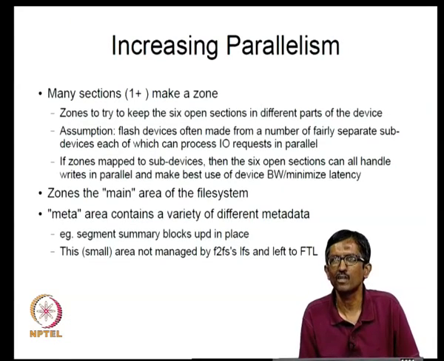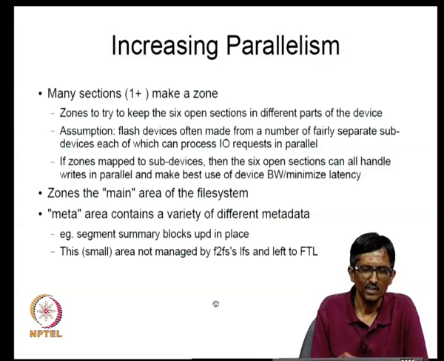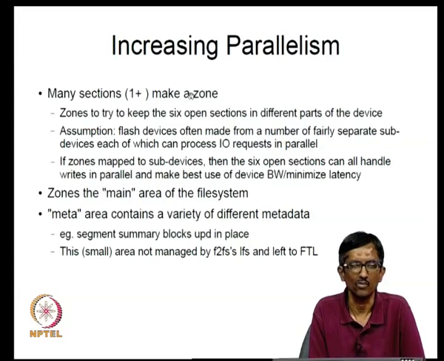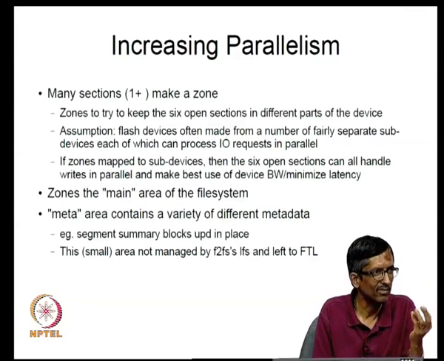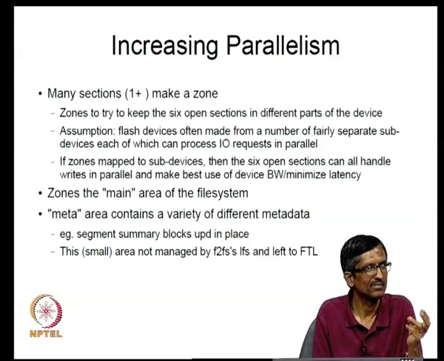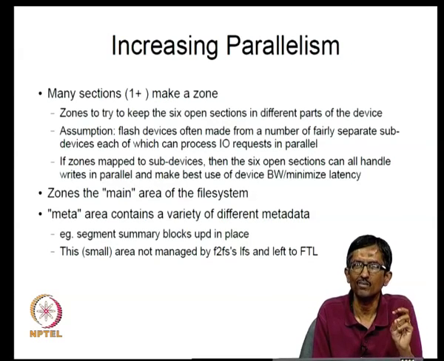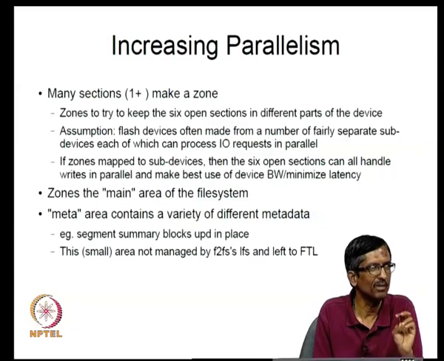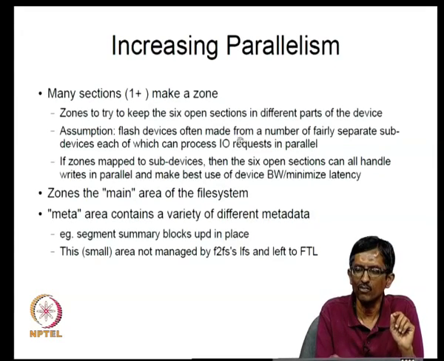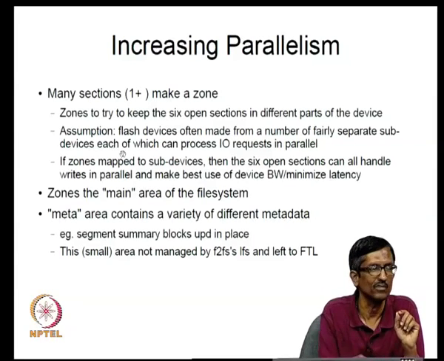Now let us look at one more thing. Now we have blocks, segments, sections and zones. Now the zone concept has come up. Basically the idea is that a flash device is often made of a number of fairly separate sub-devices.